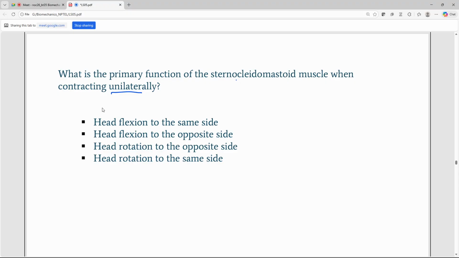Second option, head flexion to the opposite side. Third option, head rotation to the opposite side. Fourth option, head rotation to the same side. Try to answer the question.